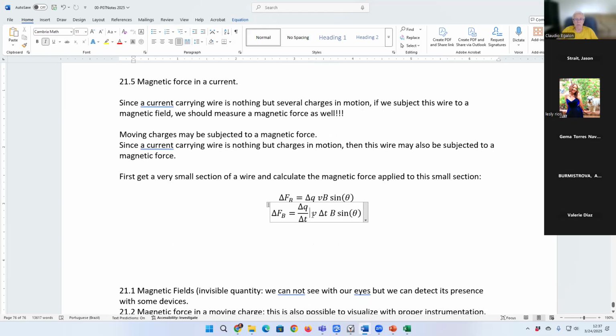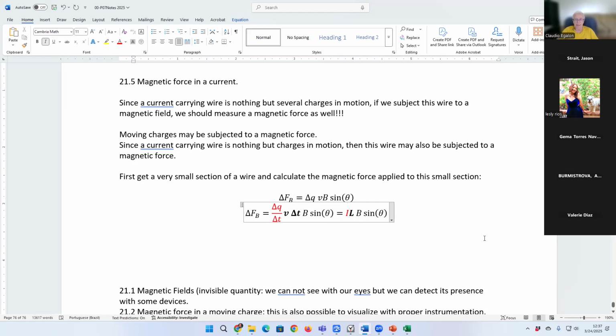Don't forget, we are talking about a very small section of the wire. V delta T is going to be the length of that small section of the wire, the length that you saw, L. And this one, which I'm going to put in red, is going to be my electric current in the wire.